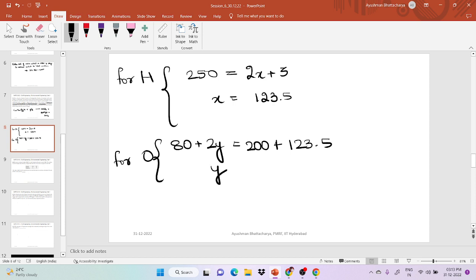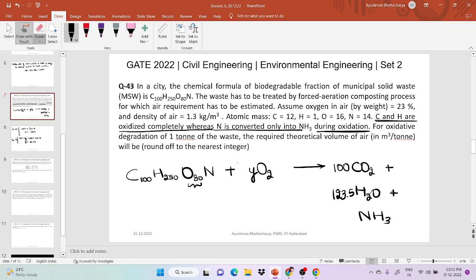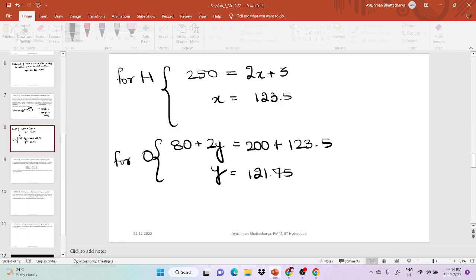If you solve this, Y comes out to be 121.75. So here we can write 121.75. Now in the next slide I will write the complete equation.